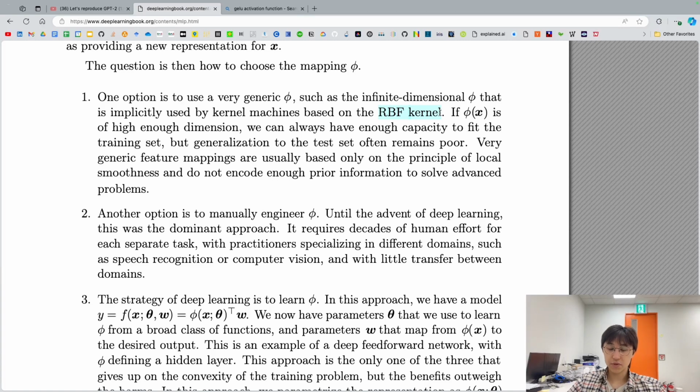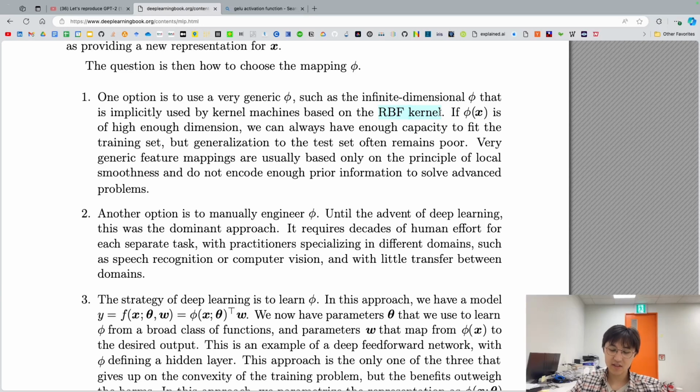The second approach is good, actually an excellent way, but it is limited because it is expensive. Engineering manually for each problem, for each AI task, is expensive, and it may even take 100 years, or so many years.